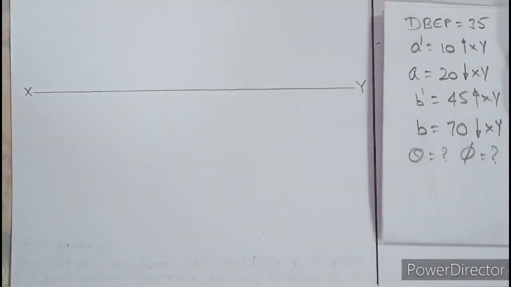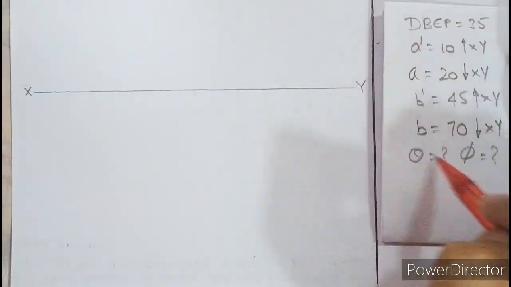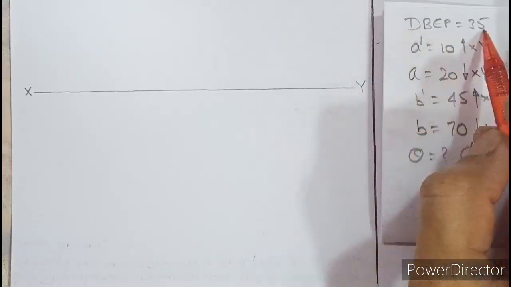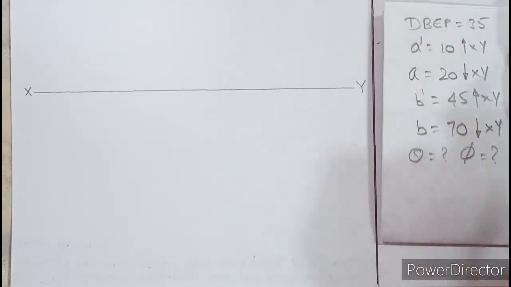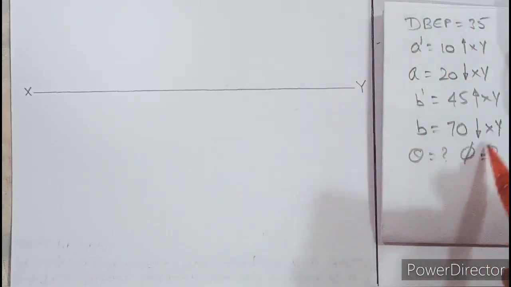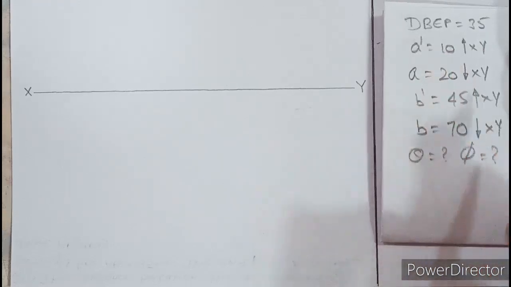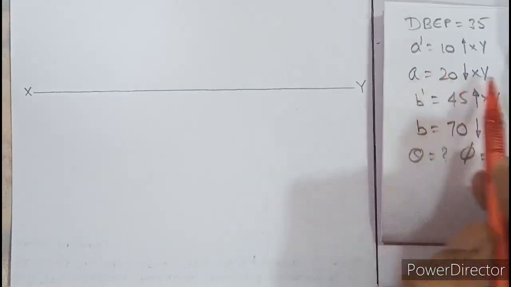Next step, you should always plot these data first. The distance between the projectors is linear data; the rest four are positional data. Out of these five data, you should always mark the positional data first. The name of the line is AB.